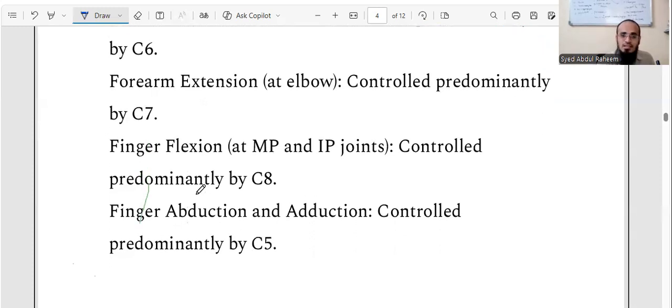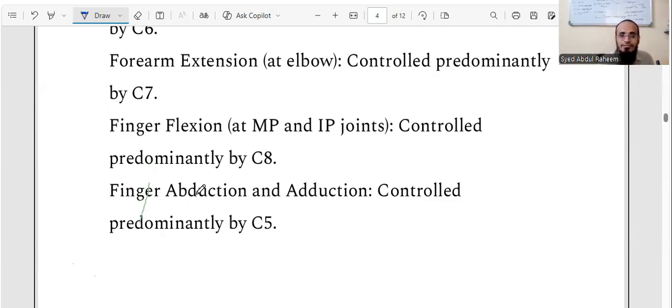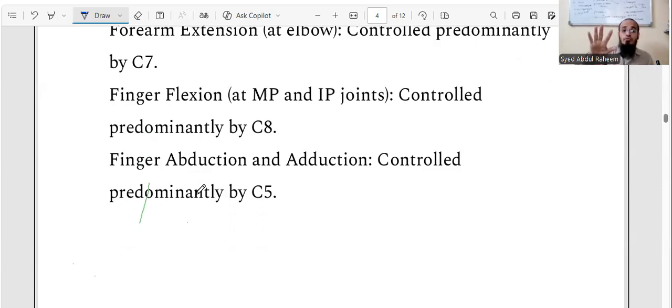Next, C8, finger flexion. Like this, this is also flexion. And T1, we have finger abduction. This is abduction, this is adduction.